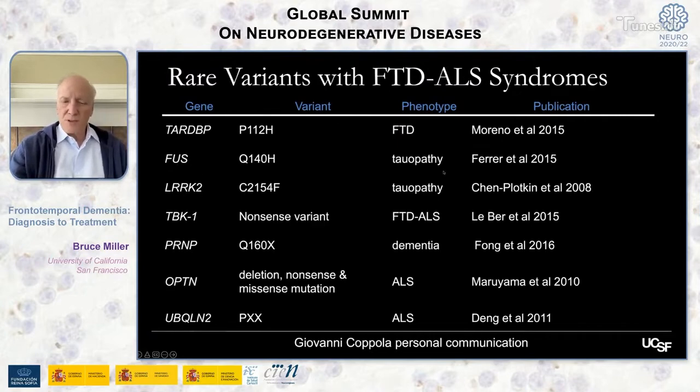FUS can present with FTD or ALS. LRRK mutations can present with a relatively pure tauopathy. TBK1 is another FTD-ALS gene, and so on. So I think the future of precision medicine for frontotemporal dementia will be not only to look for the common mutations, but determine whether this individual has a less common autosomal dominant gene leading to their dementia.